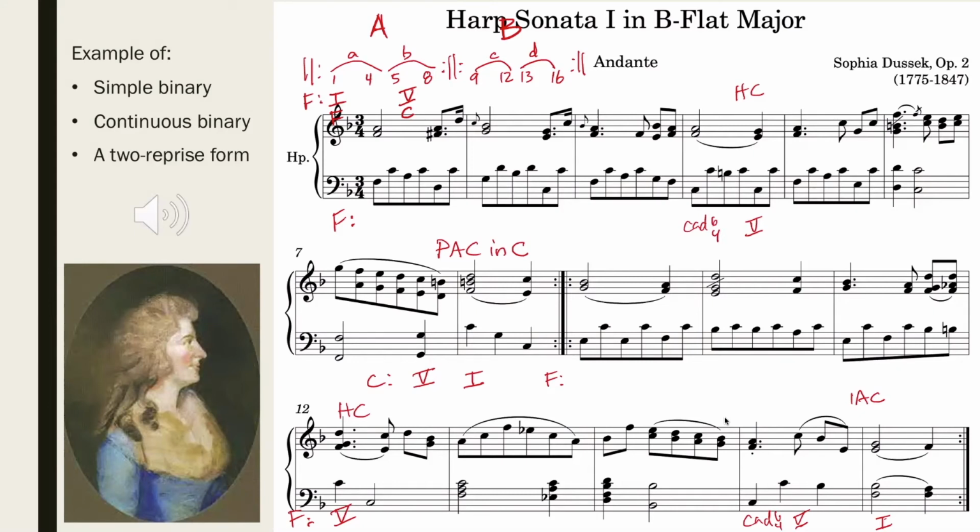So I'm going to put the Roman numeral I there. And since we stay in tonic for the remainder of the piece, I don't need to write anything else. So this is what our form diagram looks like. With all of this in mind, we are going to end this video by listening to the piece one more time, looking at the annotated score and form diagram.